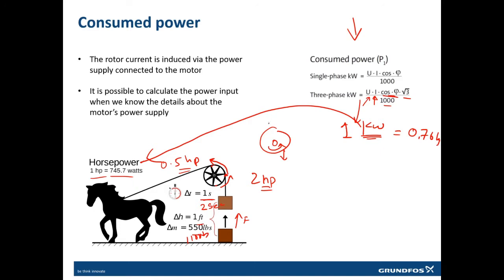So to measure the power coming out of the motor, we see how much current the motor is consuming and what voltage we provided, we put it in this formula, and we calculate how much power this motor is generating.